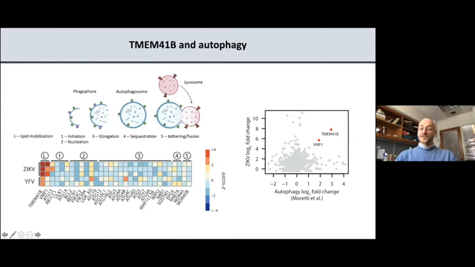So you have the hits here, classical autophagy genes, our hits, and the only overlap between those two screens are TMEM41B and VMP1, highlighting that maybe the autophagy pathway might not be as important for the virus, but rather TMEM41B and VMP1 for their function in mobilizing lipids.